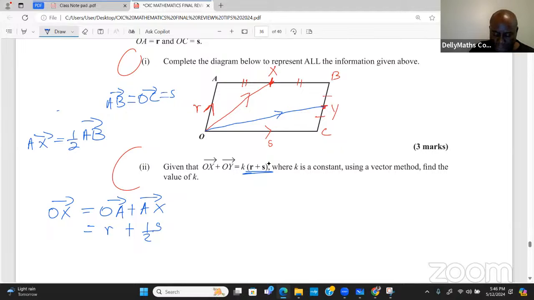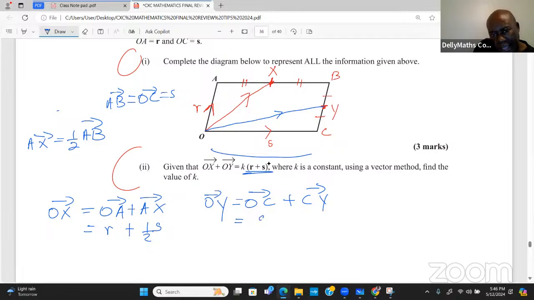Let's go for the next part. For the next part, we want to go to OY. Let me write it here. OY is from O to C plus C to Y. Again, we know OC from here.